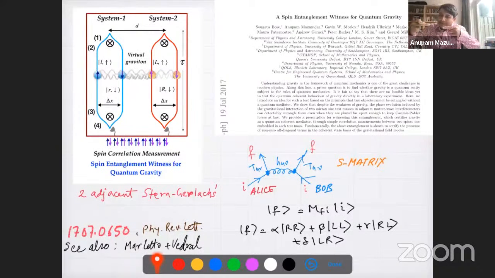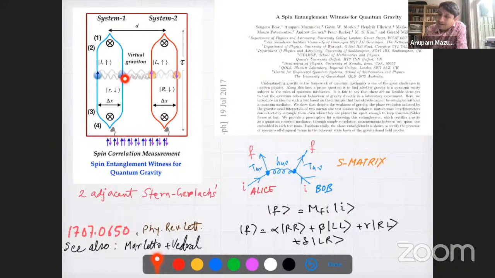You bring two particles very, very close to each other, but what you do is that you place them in a quantum superposition. In LHC, your momentum is very well known, but here you do the opposite. You place the particle in a spatial superposition. So you know the spatial positions extremely well. And you bring in two such Stern-Gerlach apparatus, so the masses can be here and here.